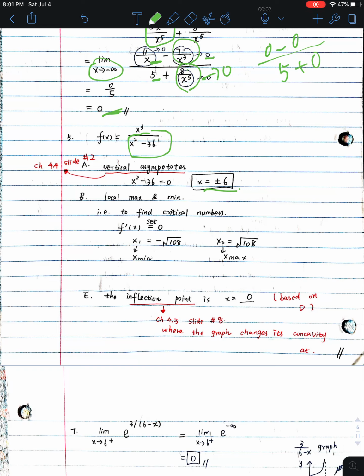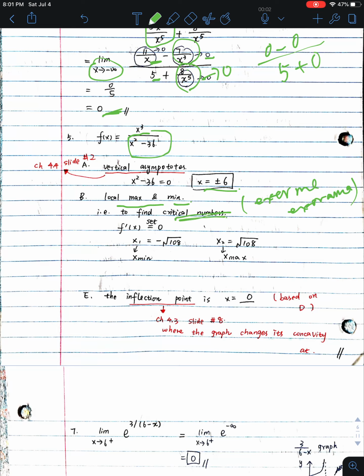And part b is to find where the local maximum and minimum are. So this is the extreme values from the first section. Those values can only occur at either an endpoint or a critical point.